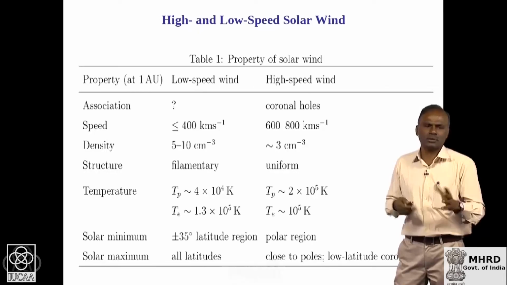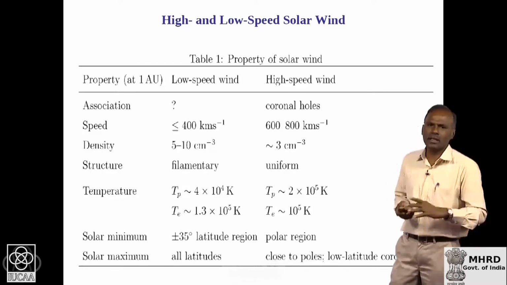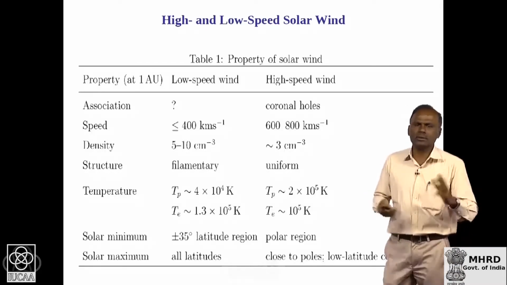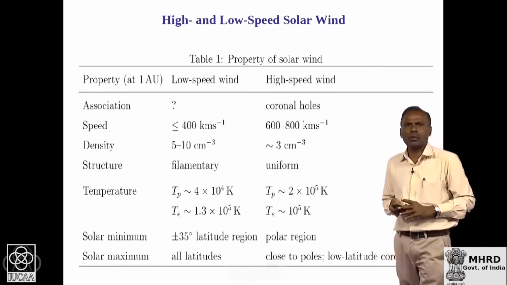One can see the proton temperature can differ by 1 order of magnitude, the speed by 2 times, and the density by 2 to 3 times. Okay.